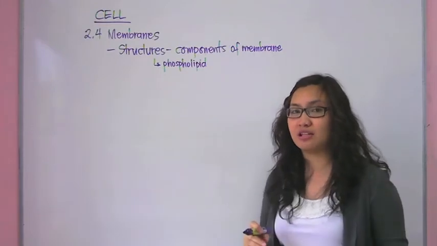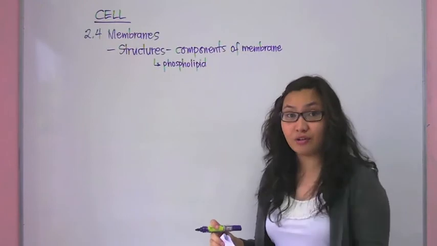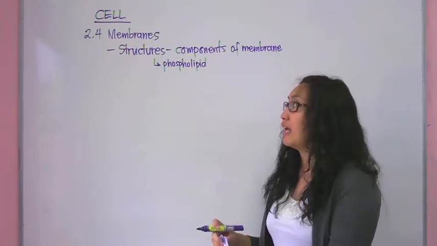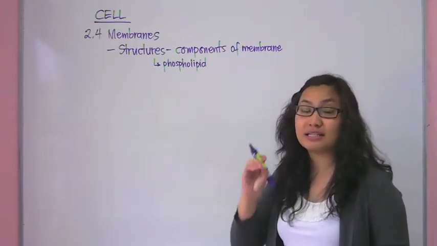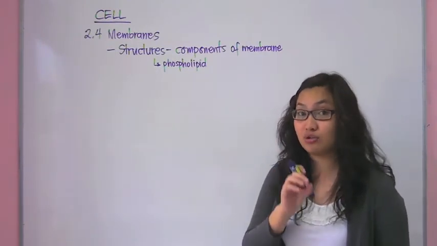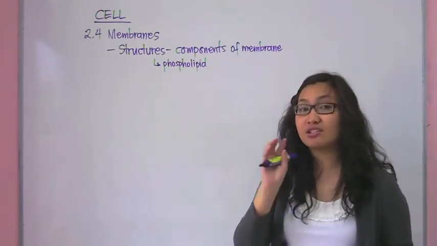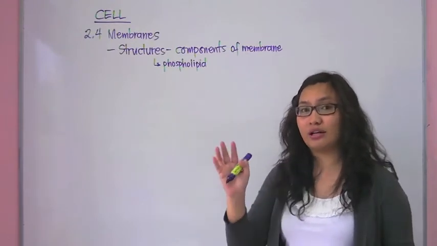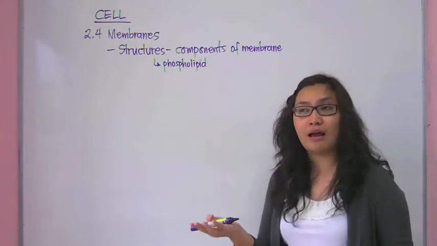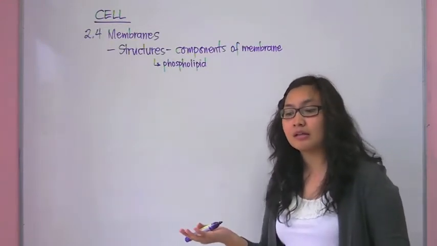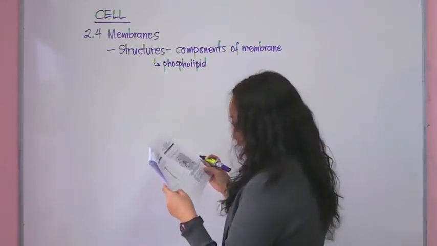A phospholipid is made up of a glycerol group and fatty acid chains, and one of the features present in a phospholipid is the phosphate group attached to the glycerol group. By having the phosphate group on the glycerol, it gives the phospholipid its hydrophilic property.